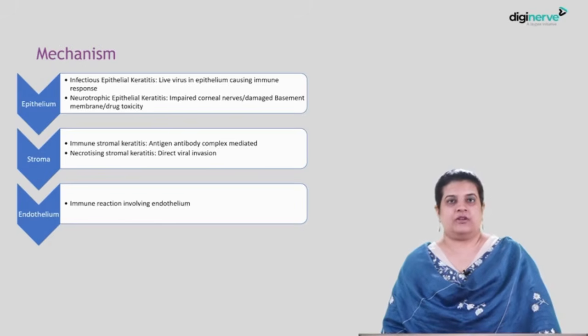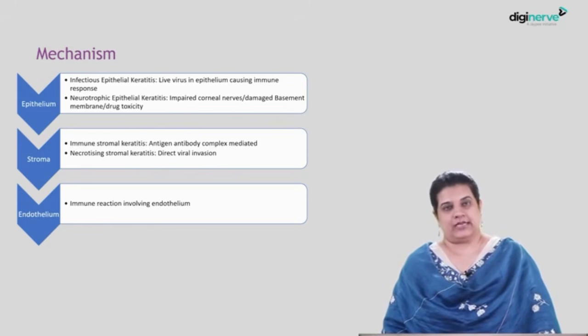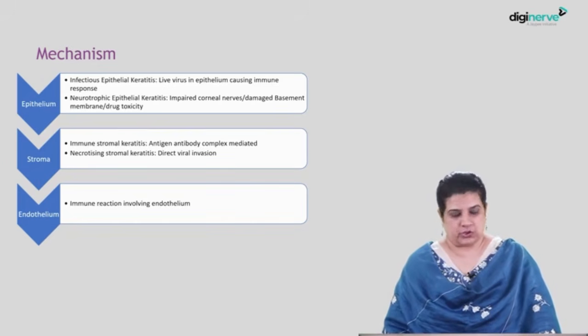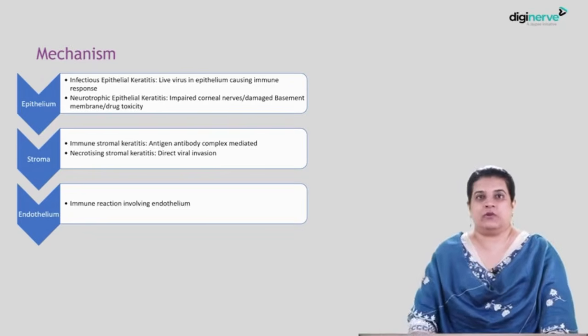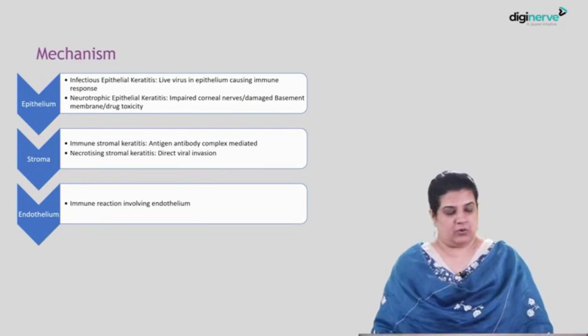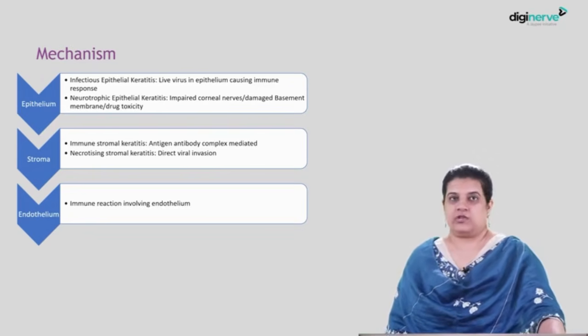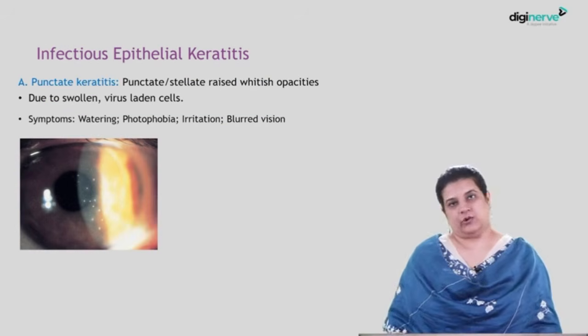In cases of involvement of stroma, when we have immune stromal keratitis, as we use the word immune, there would be an antigen-antibody complex mediated damage. In cases with necrotizing stromal keratitis, we have direct viral invasion which causes necrosis of the stromal tissue. In cases where we will come across endothelium involvement, there will be an immune reaction which is involving the endothelium.